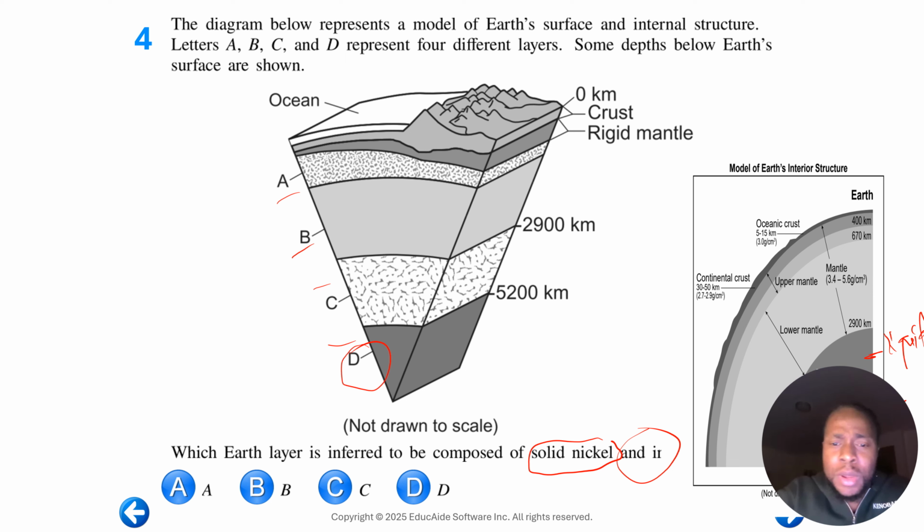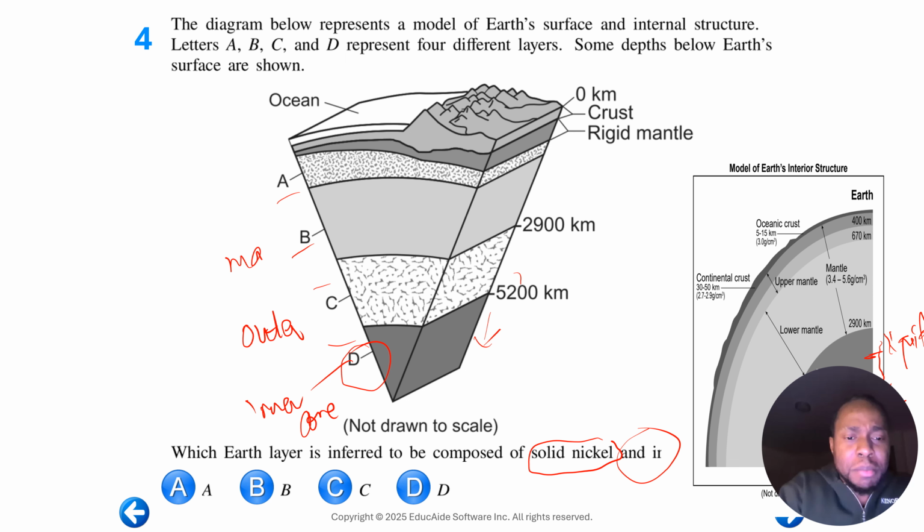How do I know? Because I know anything below the depth of 5,200, already we are sinking into the inner core. So definitely layer D here would be the inner core, right? Layer C here would be the outer core.